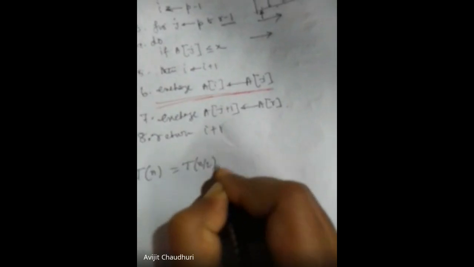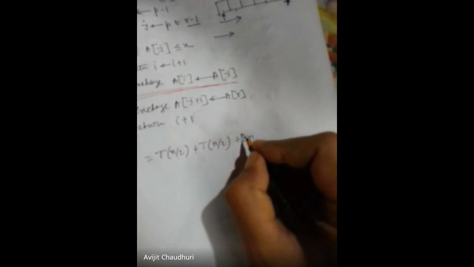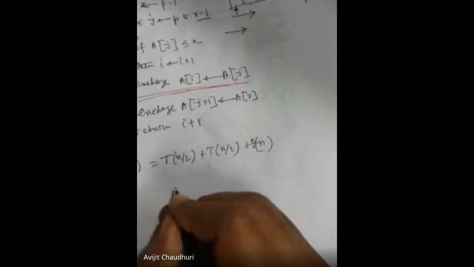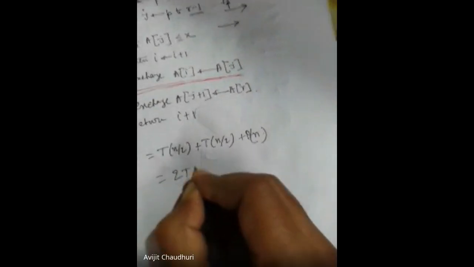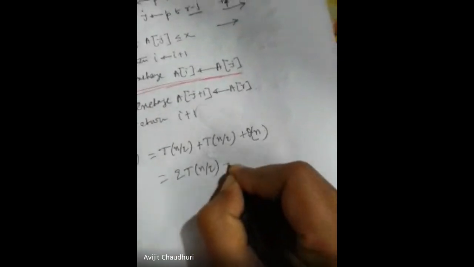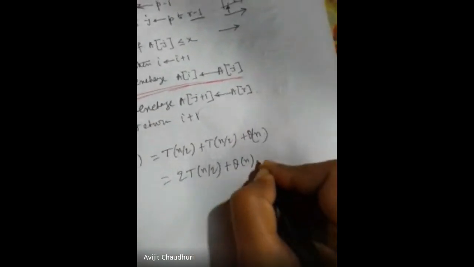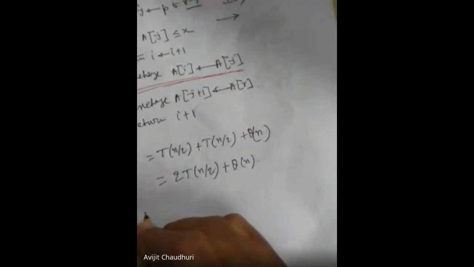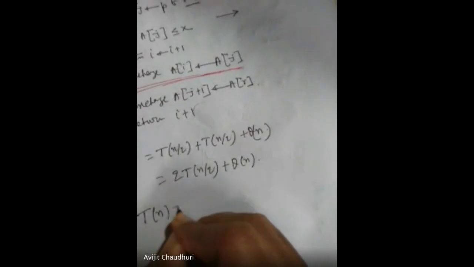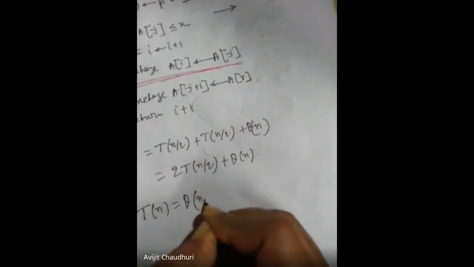So T of n, like the previous one, is equal to T of n by 2 plus T of n by 2 plus theta n. Already we have done that one previously. Same thing, it is equal to 2T of n by 2 plus theta n. So T of n is equal to theta of n log n.